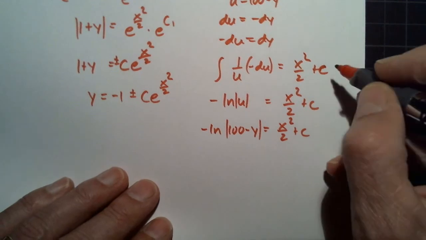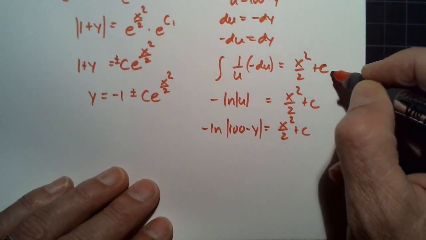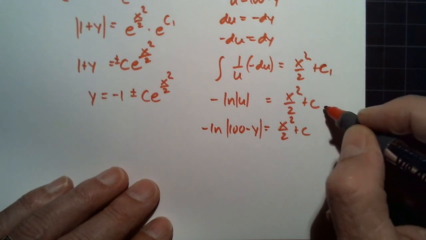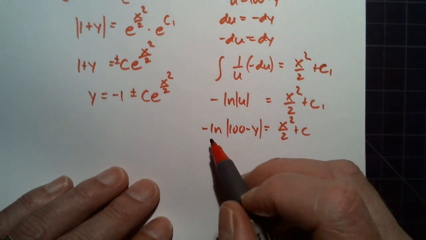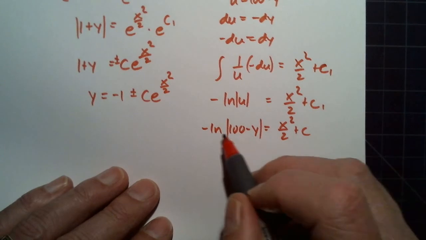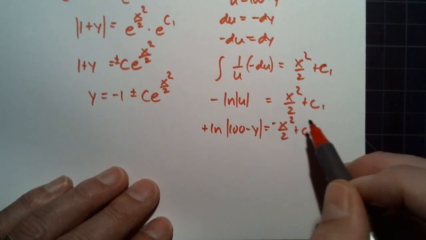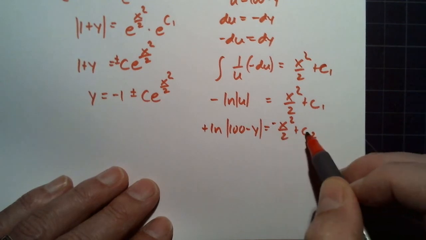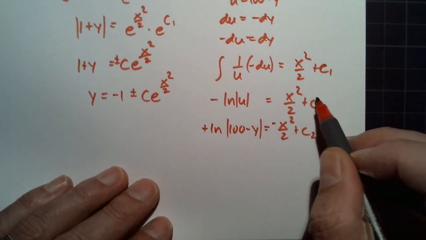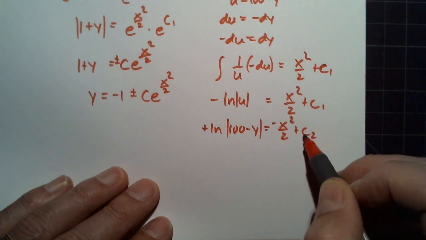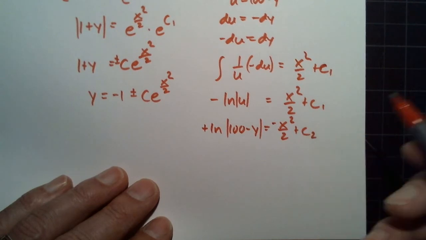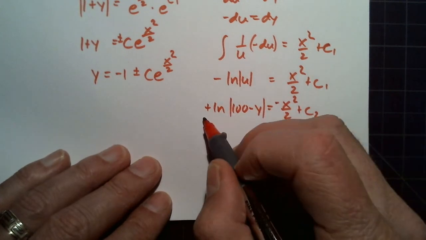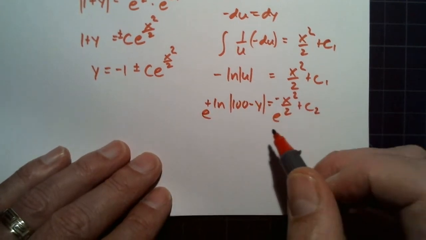So we'll call that C1, and then we're going to multiply both sides by a negative. So it'll be a positive, a negative, and we'll call that C2 just because I multiplied by a negative. So C1, and then this is negative C1, but we don't really care. We're just going to say it's something else other than C1. It's just a constant. Then we can exponentiate.